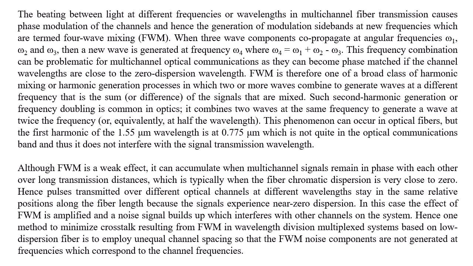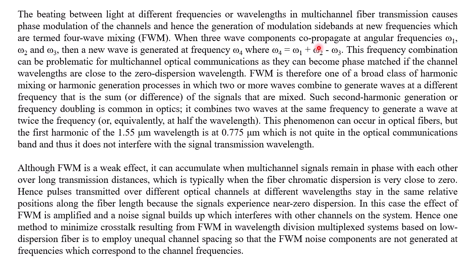The beating between light at different frequencies or wavelengths in multi-channel fiber transmission causes phase modulation of the channel, and hence the generation of modulation sidebands at new frequencies, which are termed four-wave mixing or FWM.